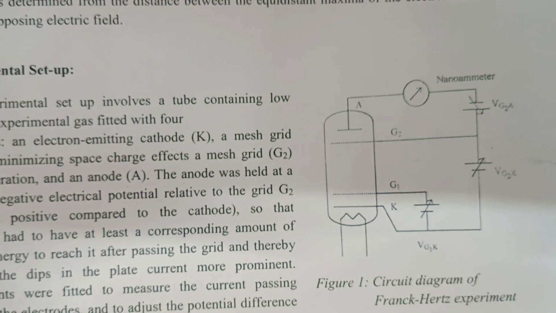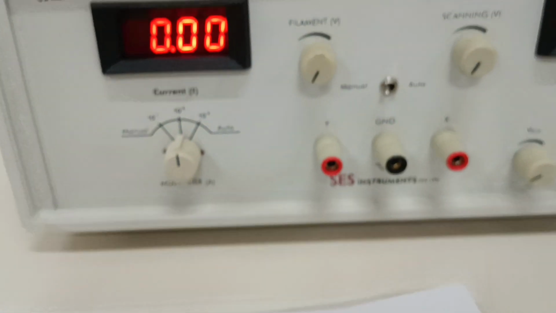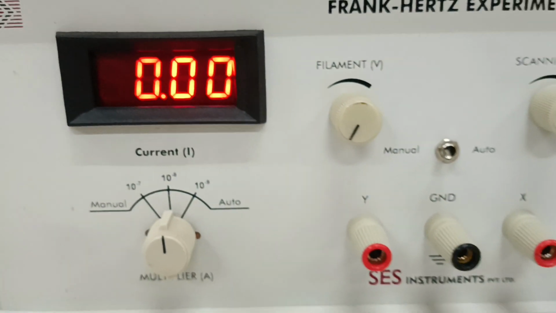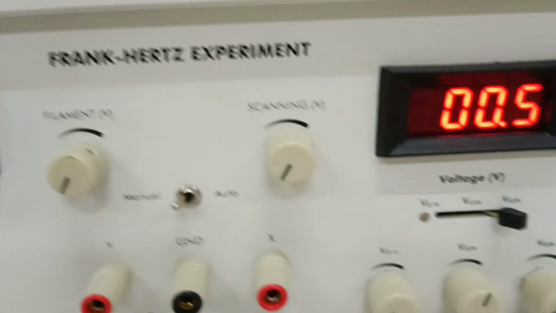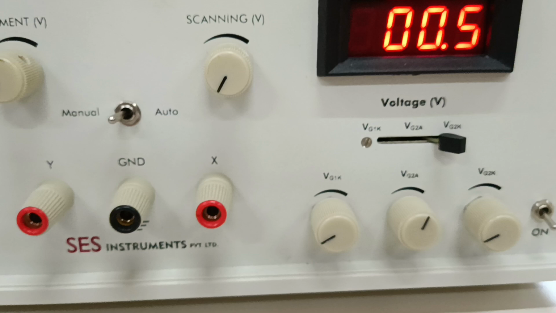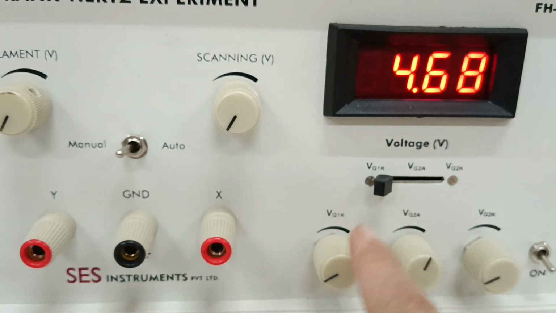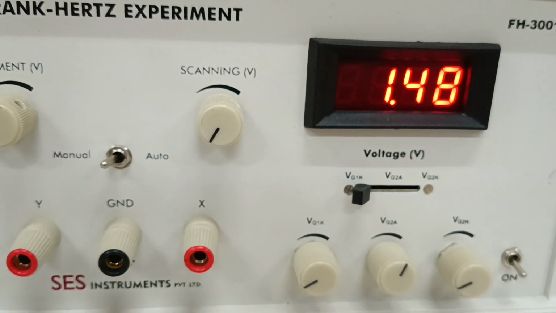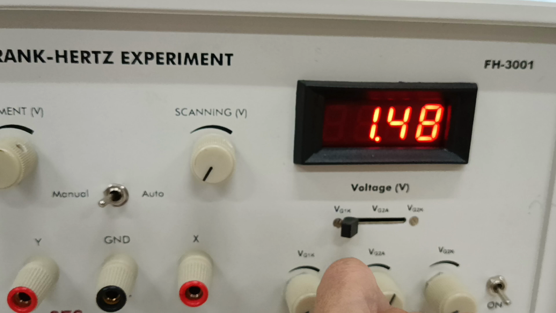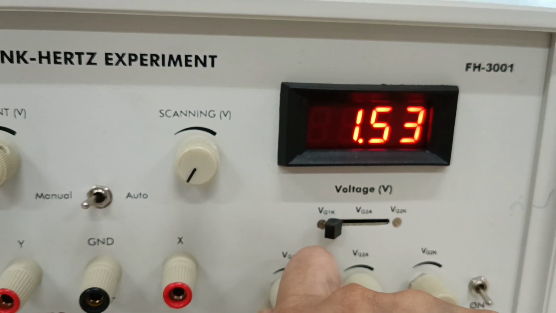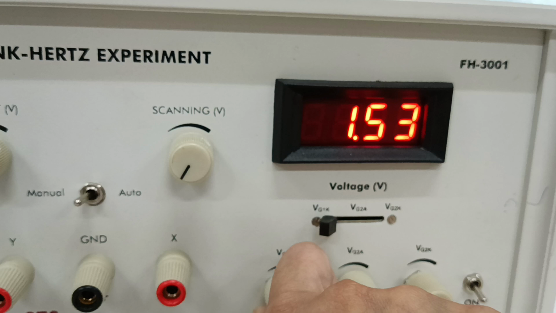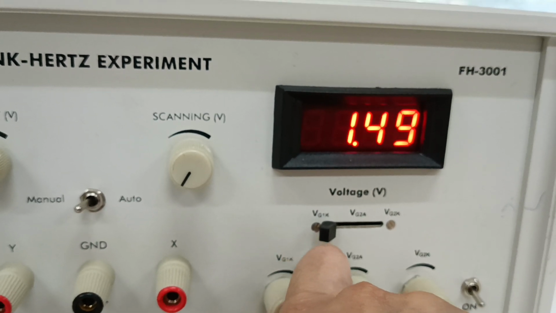So in this experiment, all you have to do is monitor the current on this meter, while doing a few settings first. Vg1K is supposed to be 1.5 volts, so just turn the knob to 1.5. These minor fluctuations are allowed.